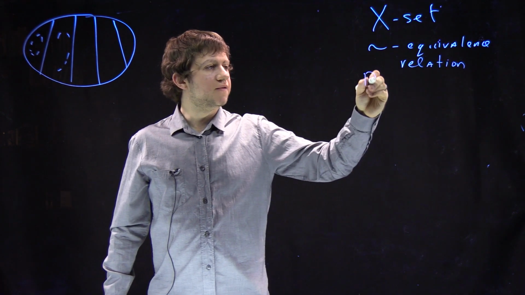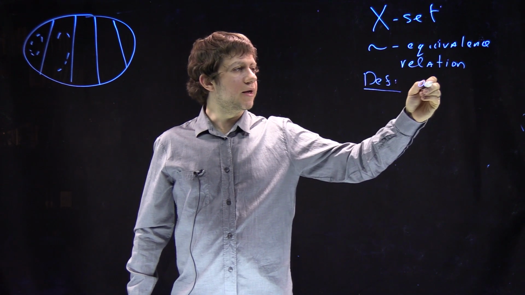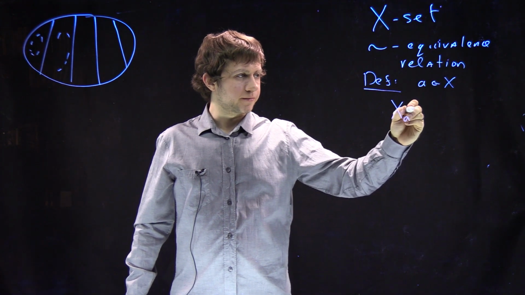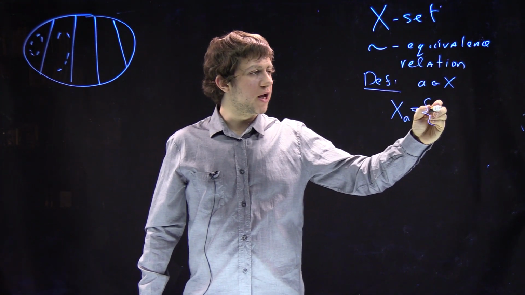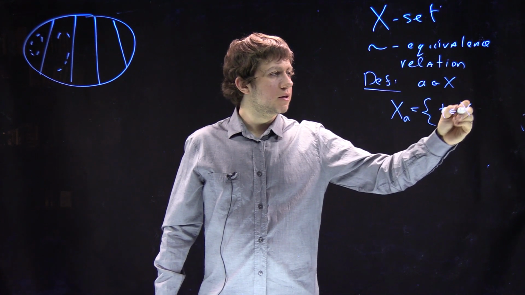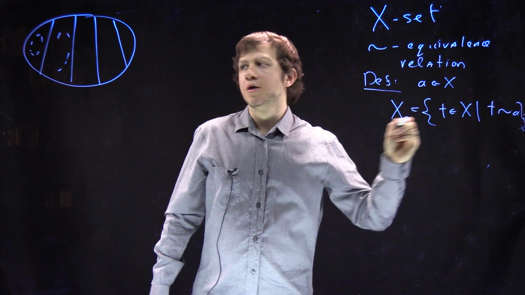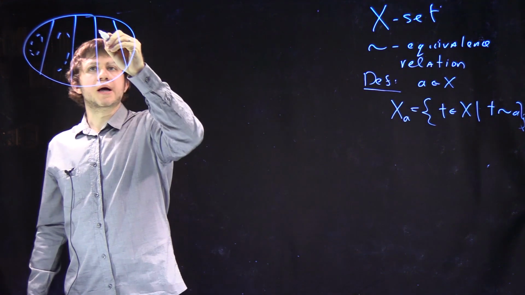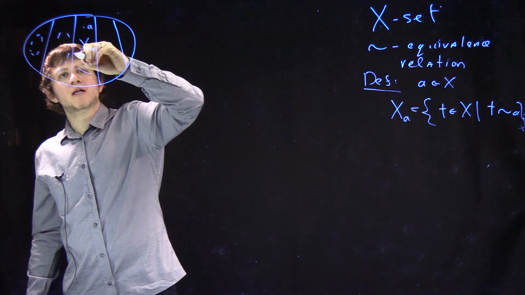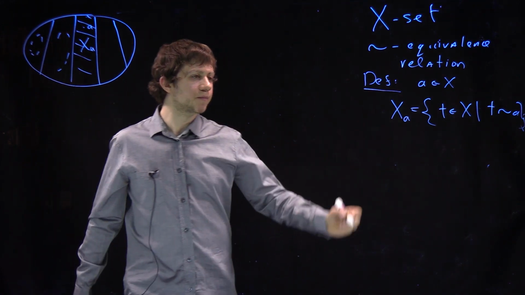Define, for an element A in X, X sub A as the set of all elements T inside X such that T is equivalent to A. So if you have an element A, this set of all elements equivalent to A is called X sub A. It's called an equivalence class.